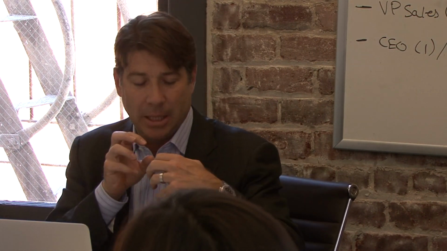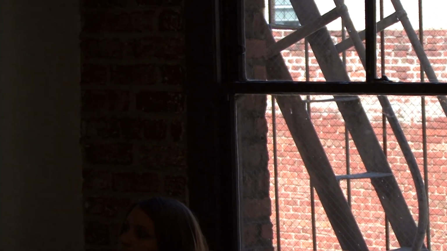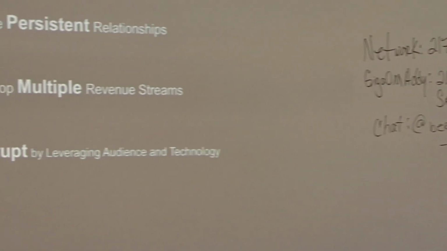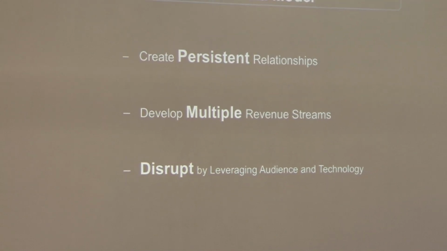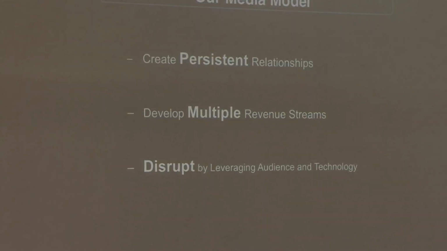So, what's our model as GigaOM? Now that you understand a little bit that we're thinking about building long-term relationships, building credibility, thinking about our customers in the long term. So what's our model? Our media model is very simple. We create persistent relationships, long-term relationships. We go and try to create lots of ways that we can make money from those relationships.